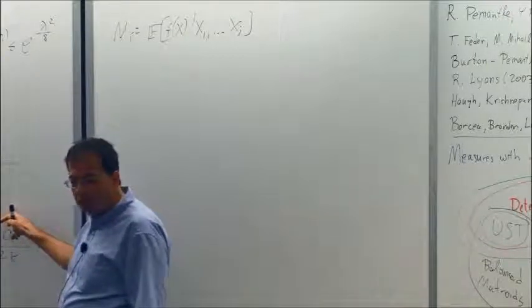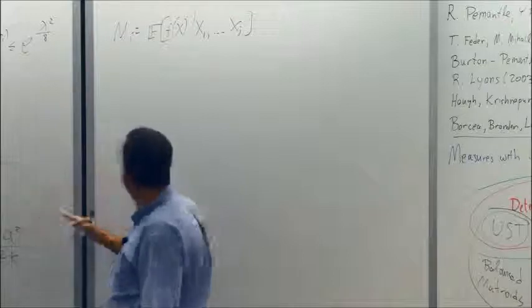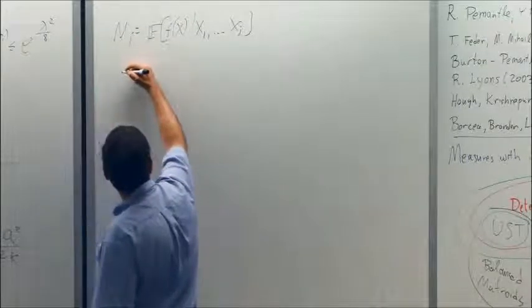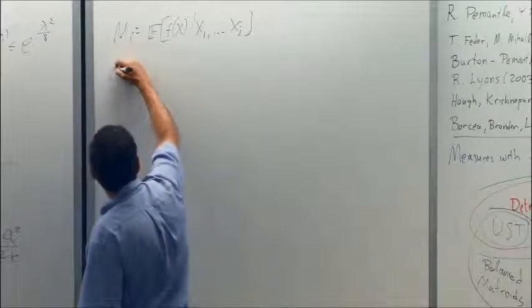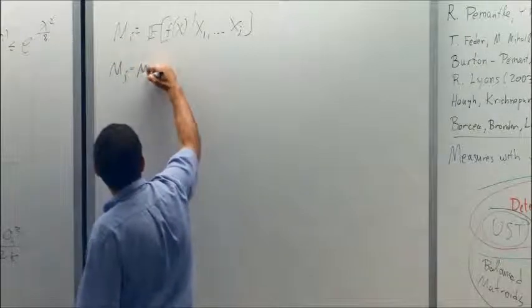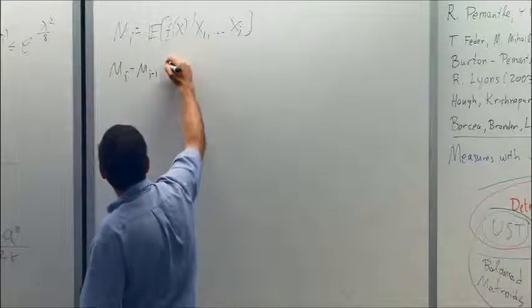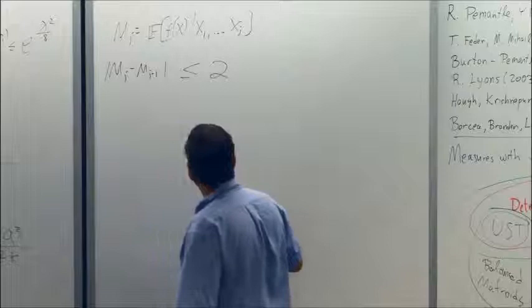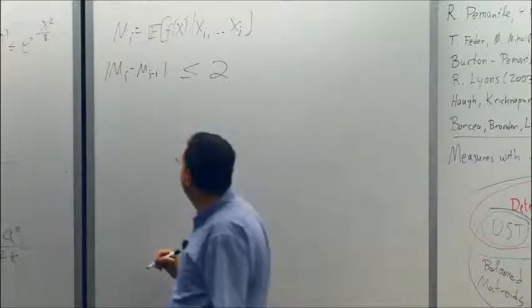Now here we're not in the independent case, but we can still do something similar. So let's look at Mj minus Mj minus 1, and I claim this is bounded by 2.